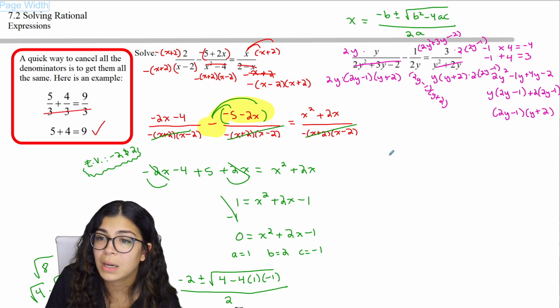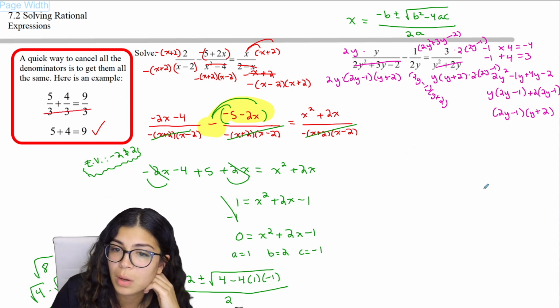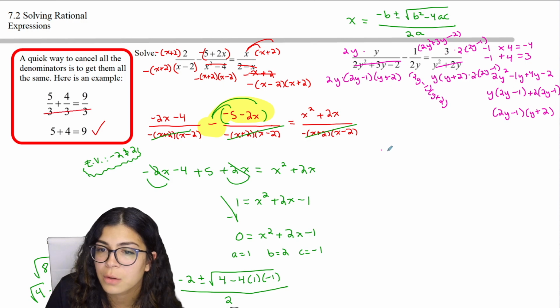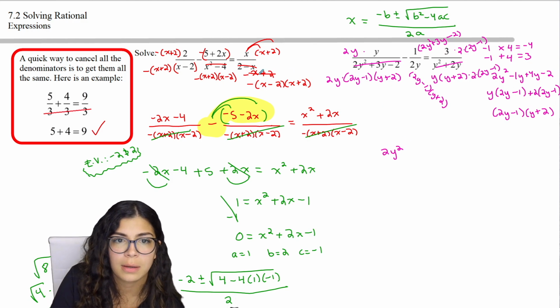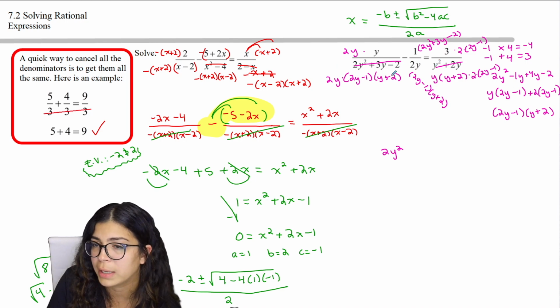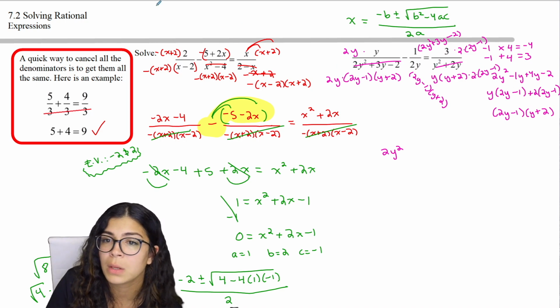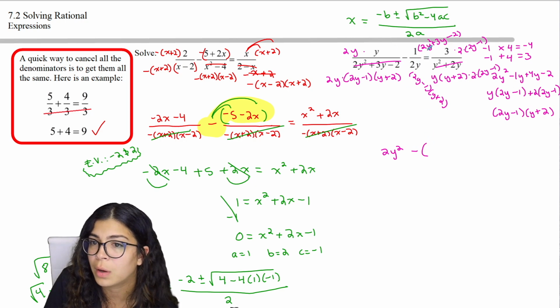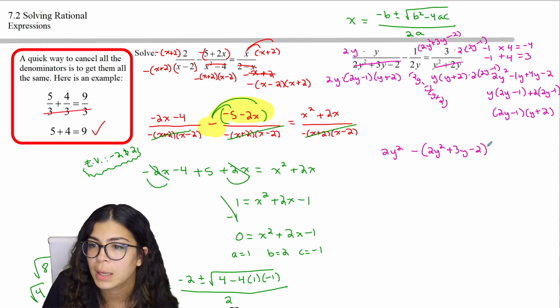Okay, so now the denominators of all of them are 2y squared. And there's no need for me to write them down. I know that they will all cancel because I got them all to be the same. So I'll have 2y squared minus 1 times this will just be the same thing. 2y squared plus 3y minus 2.